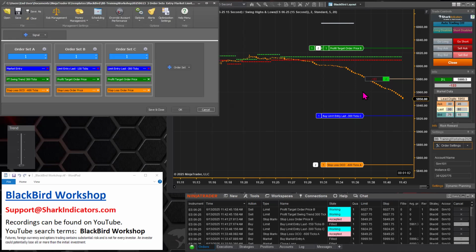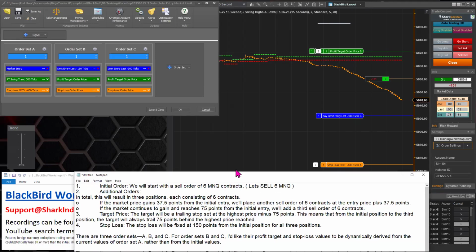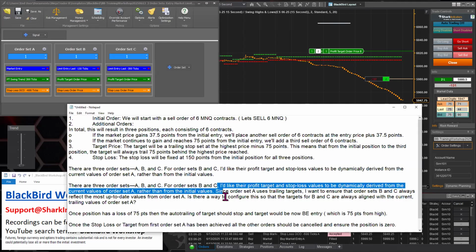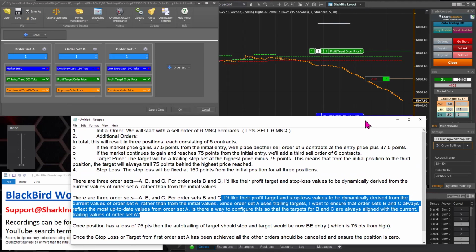When order set B got filled, that illustrated that our profit targets are lining up perfectly, which was a concern in the question. That was one of the essential requirements, making sure the profit targets line up like that. So we know that's happening.